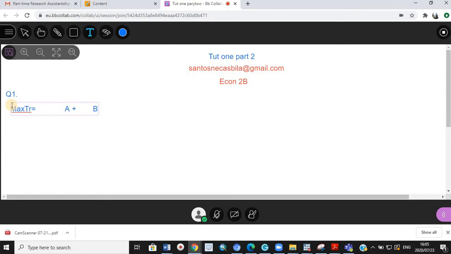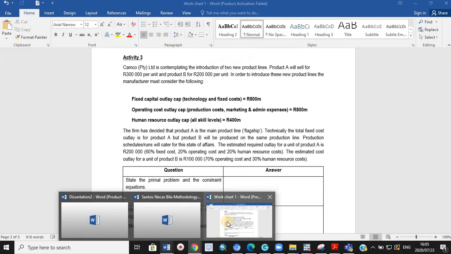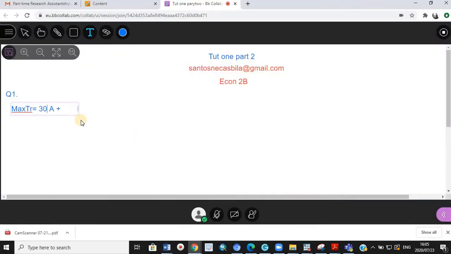So the question is, how much is each of the products going to sell? The statement says product A will sell for 300,000 per unit, and this one will sell for 210,000 per unit. All right. This is the first thing.